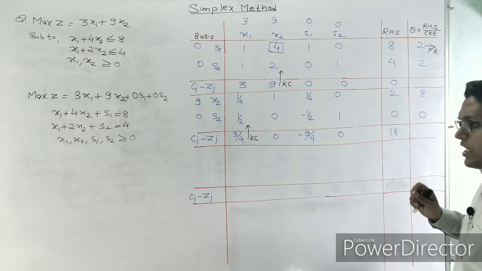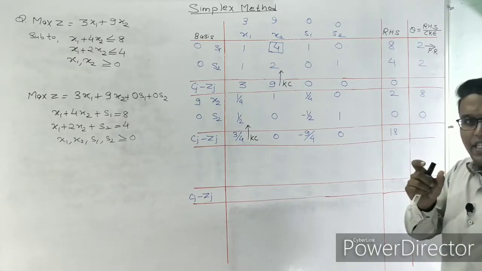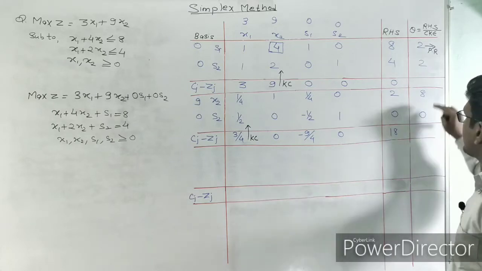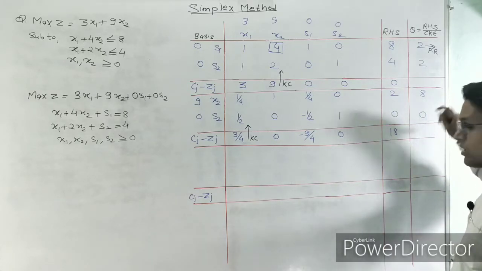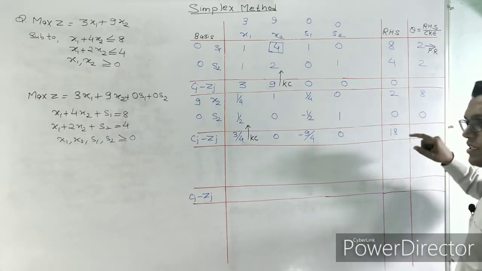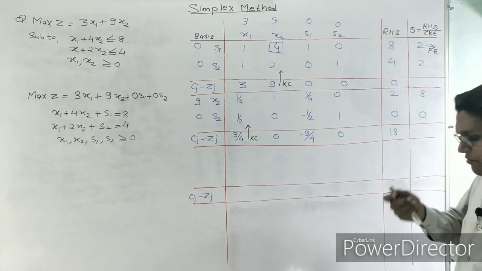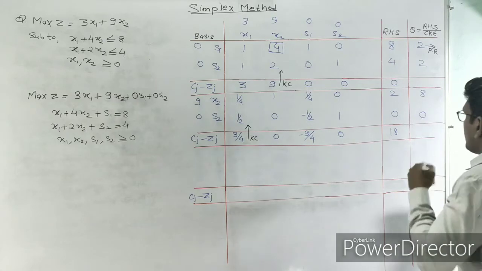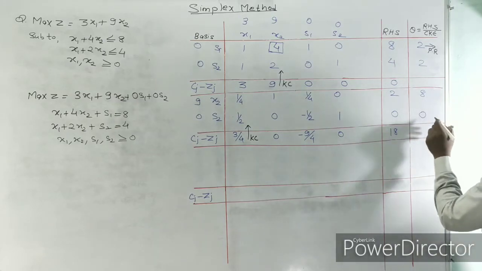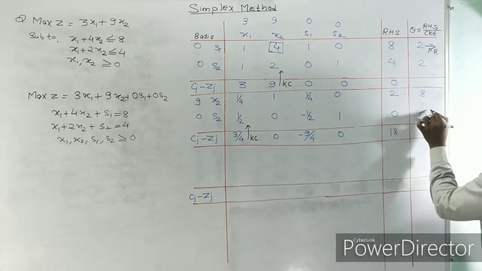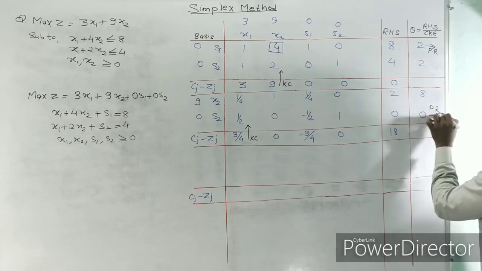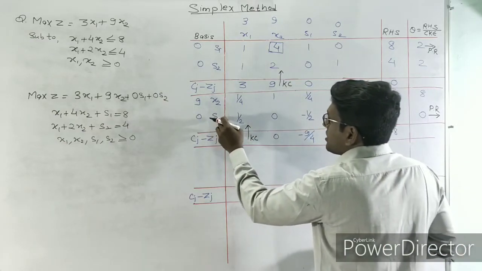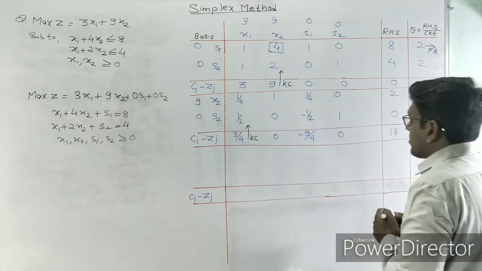We need to understand that the value of infinity or negative value we do not calculate here, but the value of 0 is taken as the minimum positive value, so we will select this value, because among these two this is minimum, so we will select this as the pivot row, and this shows that variable s2 will be the outgoing variable.